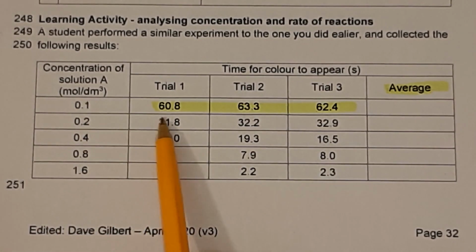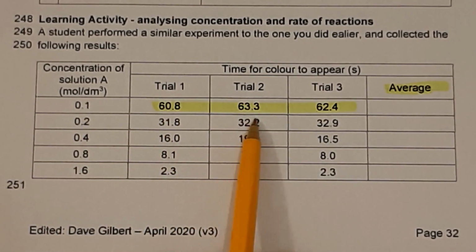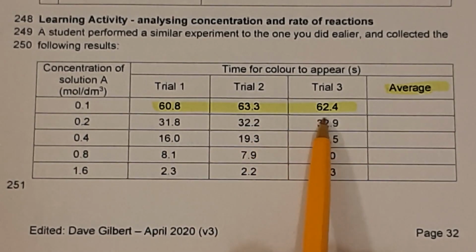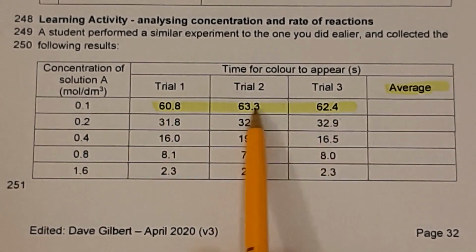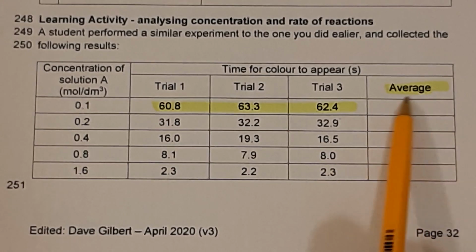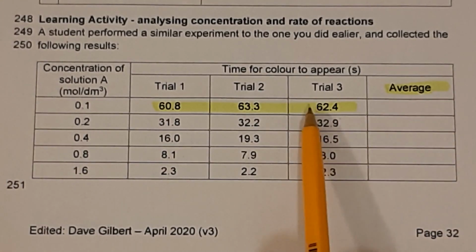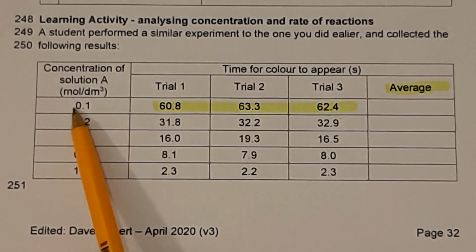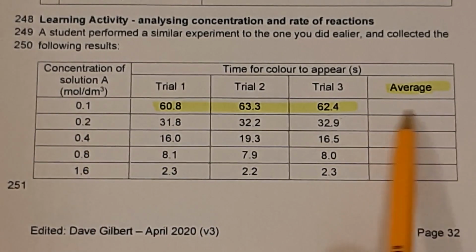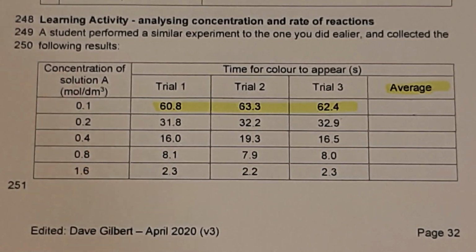In this one, you would do 60.8 added to 63.6 added to 62.4. That would give you a total. Then you divide that number by 3 because there are 3 different values, and that gives you the average time it took for the colour to appear at 0.1 moles per decimetre cubed. You will write that in there. Pause the video whilst you do that, and then we'll mark them together.